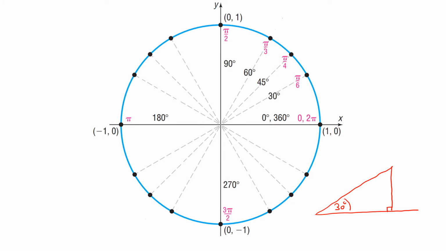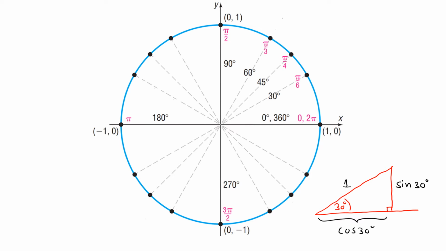And you can notice that if you look at the x-coordinate, since this side is simply 1, the x-coordinate is simply going to be cosine 30. And the y-coordinate is going to be sine 30. This is going to work for all the angles. So the x-coordinate is the cosine value, and the y-coordinate is the sine value.